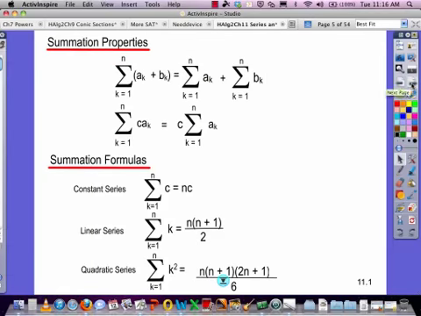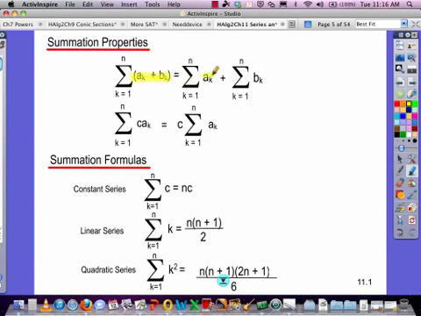Oh, prior to that, there's a couple different types of summation properties. So let's look. When we talk about styles and types here, we're looking at if they gave us the sum of two terms. They're saying if we wanted to sum a sum of terms, you could take each term separately.